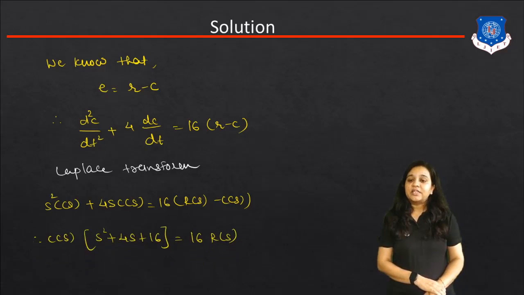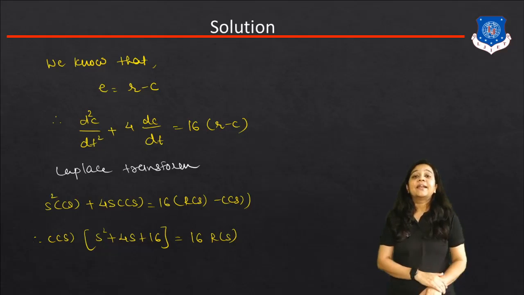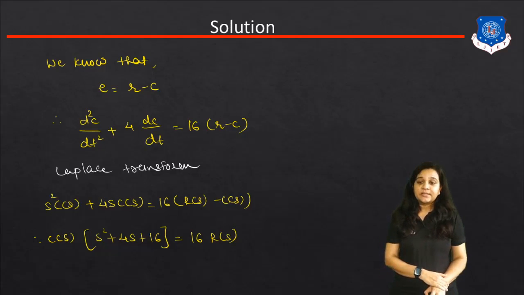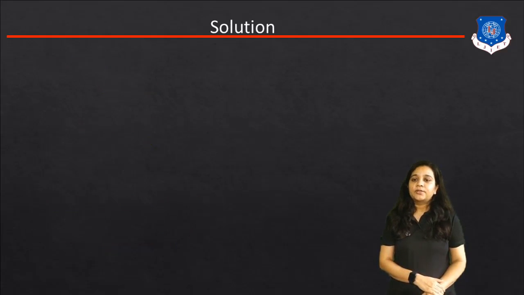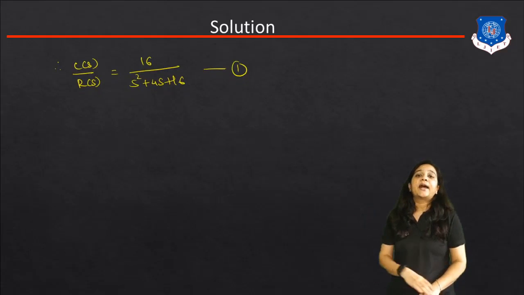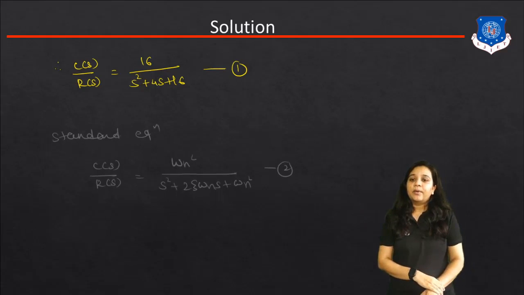Now we can take C of s as common. So we get C of s in the bracket s square plus 4s plus 16, that is equal to 16 R of s. So the transfer function C of s upon R of s is equal to 16 upon s square plus 4s plus 16. This is my equation number 1.